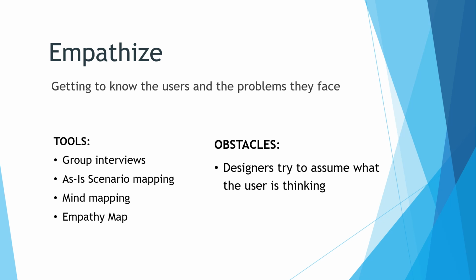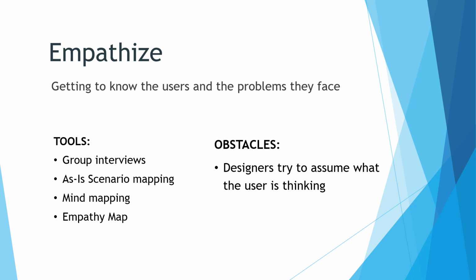The tools that we use during this process are group interviews, scenario mapping, to document what the user is currently experiencing, mind mapping, and then empathy mapping, like, what are they feeling or doing or saying, and we'll discuss these in one of the later lectures.